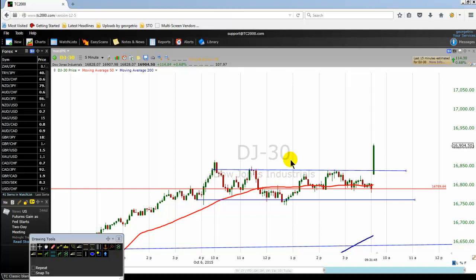So I think it is wise to be a little bit patient, and wait for the first 30-minute candle to close before looking for an opportunity to enter the trade.